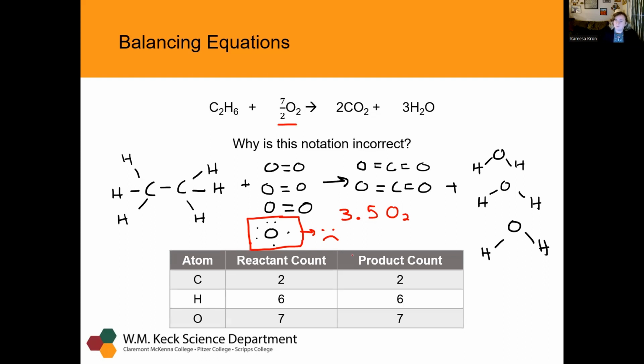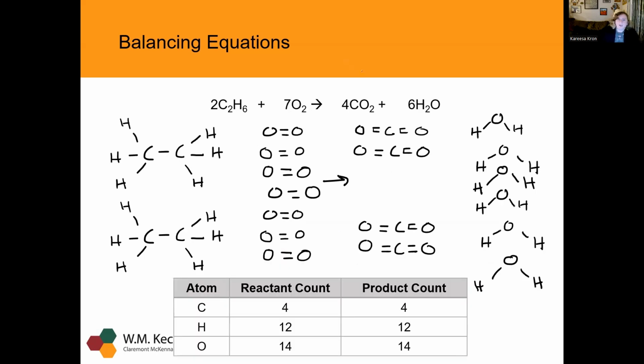So instead, if we multiply this reaction as we wrote it by 2 to write 2 ethane, 7 oxygen, 4 carbon dioxides, and 6 waters, then we don't have any incomplete molecules. Our oxygen is actually O2 gas, and it can form the products that still have a balanced number of carbons, hydrogens, and oxygens.